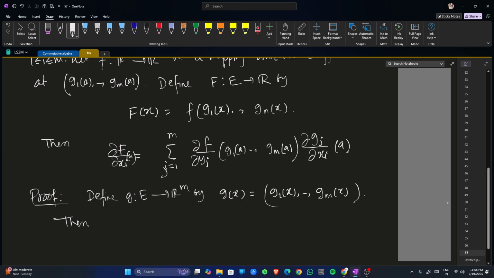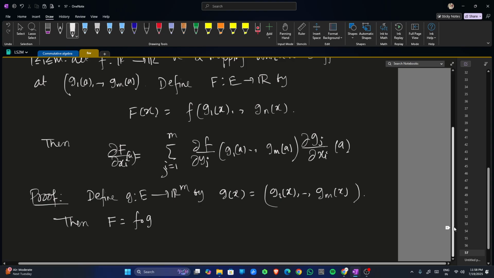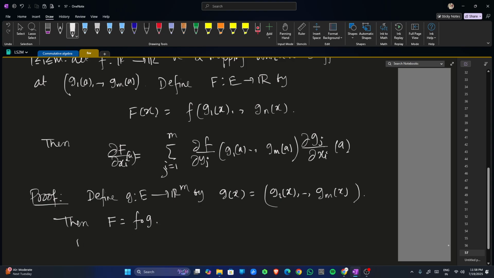Then capital F equals f composed with G. By the chain rule, which we proved in the last class, F prime at a is f prime of G(a) times G prime of a.